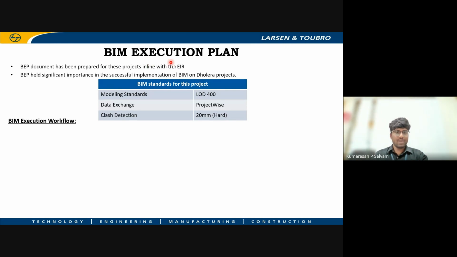A BIM execution plan is a document which standardizes all the flow, from modeling, what LOD you have to provide, what clash detection, and how the flow has to be defined, and even the risk matrix, responsibility matrix, what LODs you have to provide for each and every element, the clash matrix, and what software is to be used. Everything is provided in the BIM execution plan and submitted to the client at the start of the project itself.